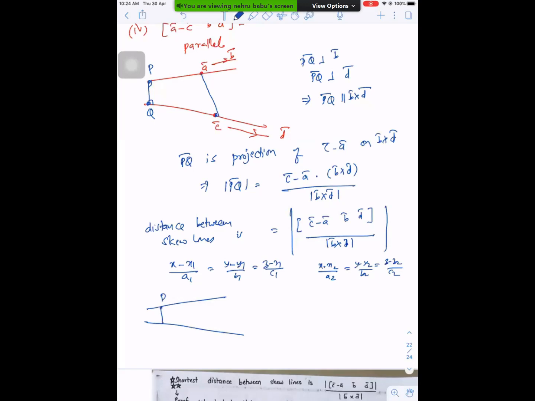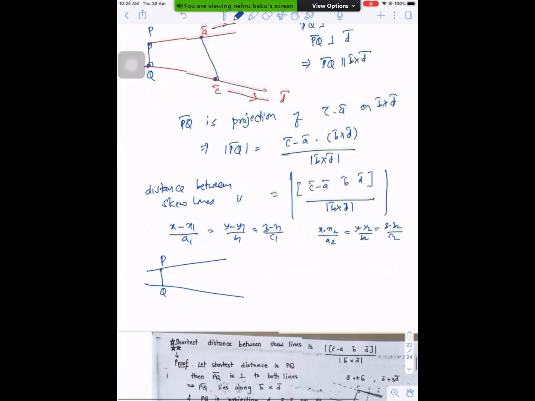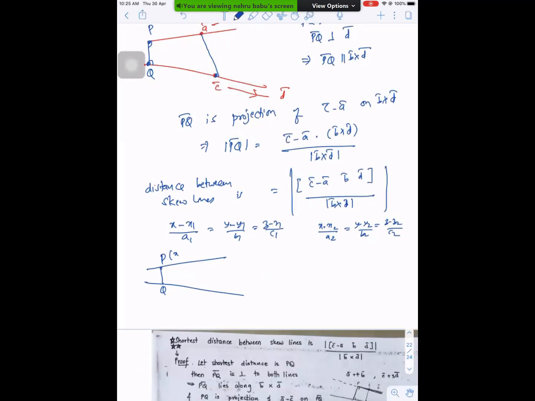Then how to find these PQ coordinates? We can take any general point on each line and use the condition that the drs of PQ are perpendicular to both lines. So first we take general points. P is (x1 plus a1t, y1 plus b1t, z1 plus c1t), and Q is (x2 plus a2t, y2 plus b2t, z2 plus c2t).